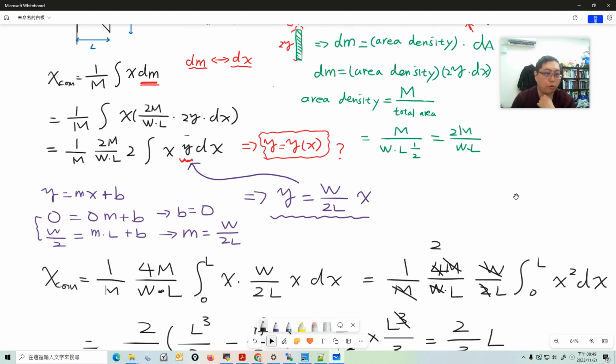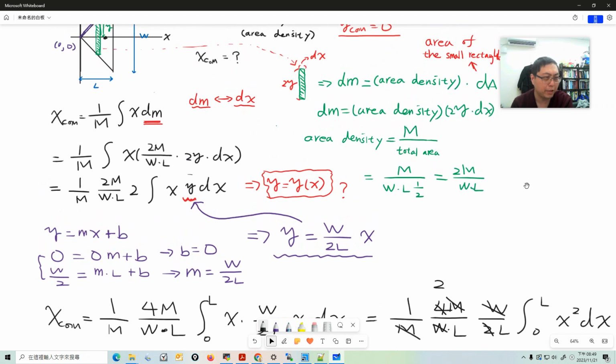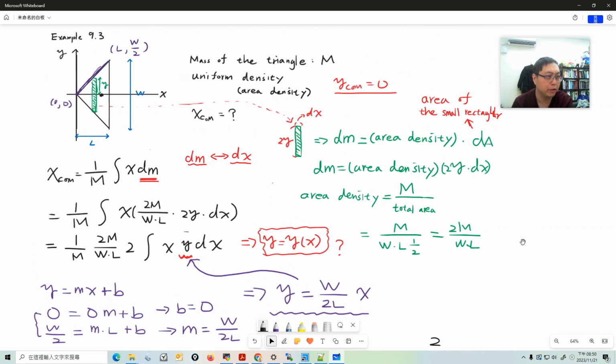Okay, so in this center of mass problem, once again, you have to deal with the dm, or small delta m. Find the relationship between delta m and delta x. So delta m is equal to area density times delta A. Because right now we have a two-dimensional problem.